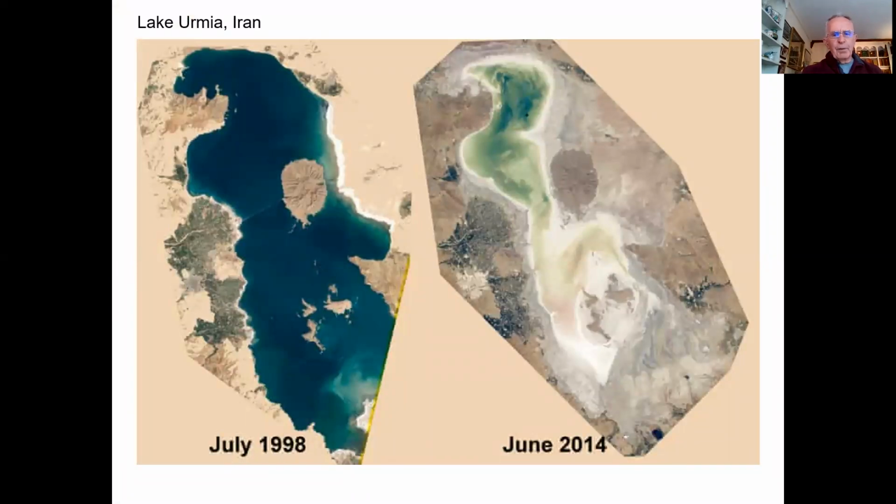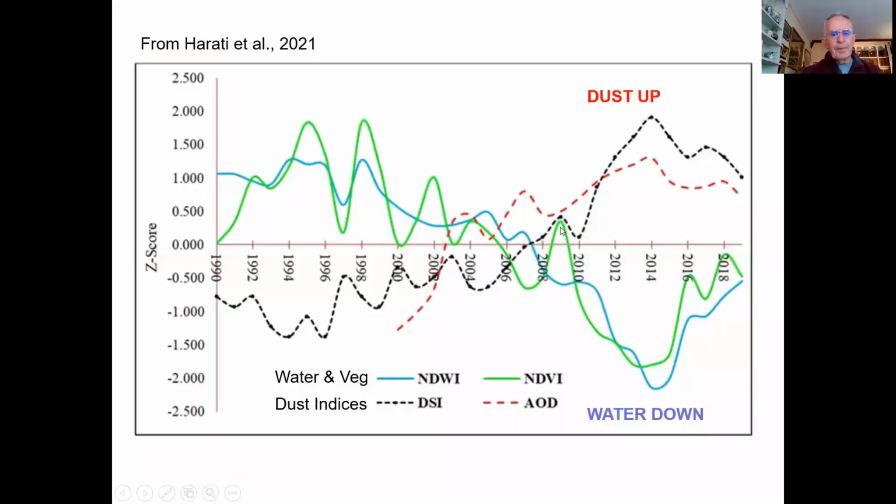Another dramatic example, Lake Urmia in northwest Iran in 1998 and in July 2014. And again, dramatic increase in the amount of dust storm activity to which citizens are exposed downwind. This is a picture of this.